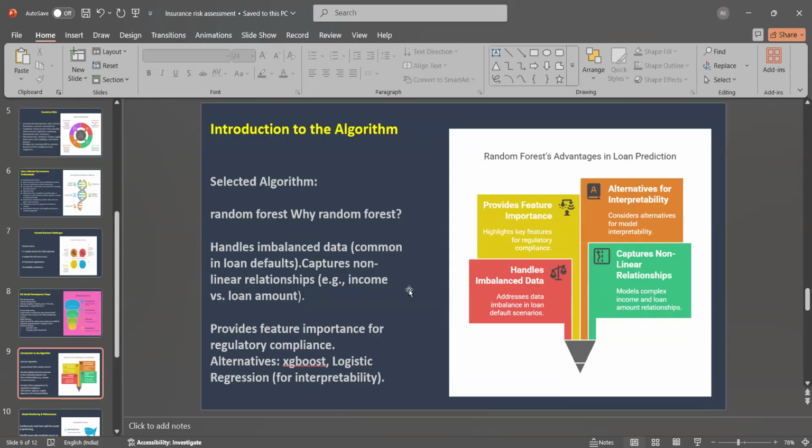It provides feature importance for regulatory compliance. The alternative is boosting or logistic regression for interpretability, which highlights key features for regulatory compliance.